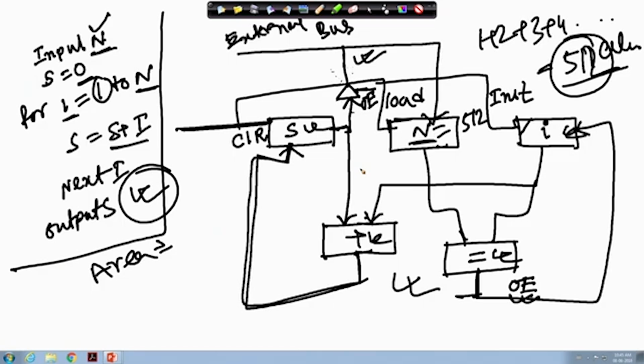So here I require 3 registers. And delay wise, what is the maximum delay? Delay wise, the register delay plus the adder delay is the maximum delay I can get from this particular circuit. So, delay wise also it is much faster than case 1 and case 2.